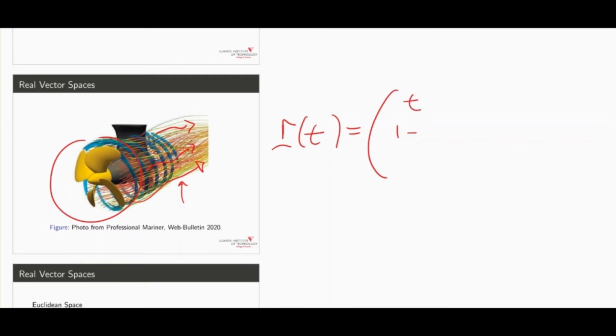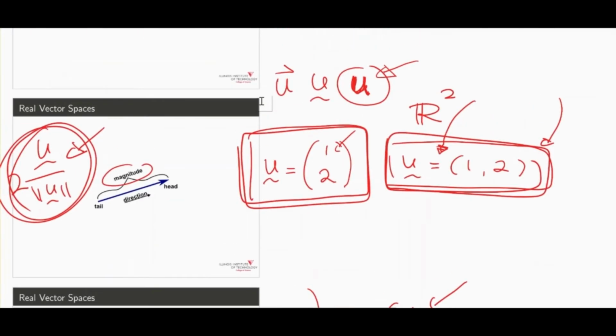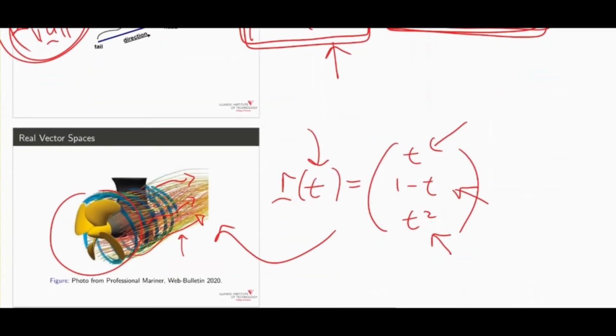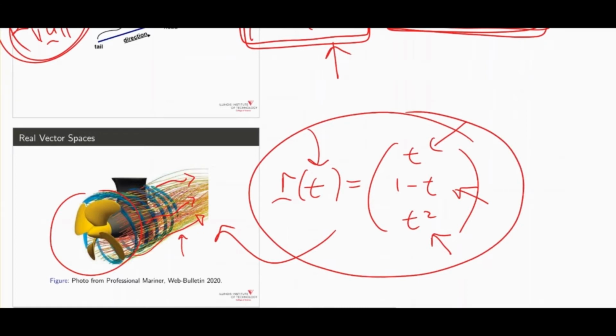Just for example, I didn't mean that this kind of vector is written exactly like this, but I'm trying to show you a type of vector that depends on the input right here, and you will see stuff like that in your multivariable calculus. So this is one vector, but this is going to be infinitely many vectors, which depend on the variable t, which usually stands for time.